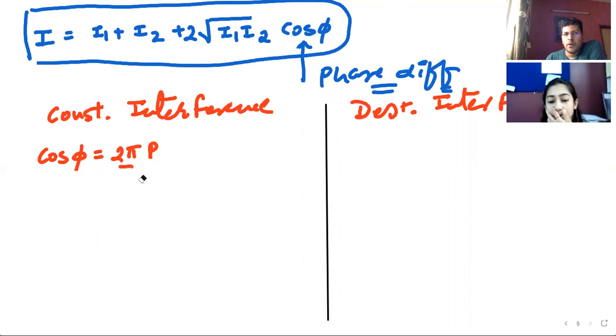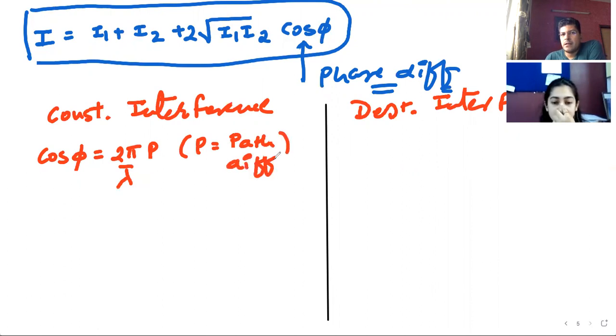So let's put it properly: 2 pi by lambda into p, where p is called a path difference. In our next theorem we will learn what path difference actually is.